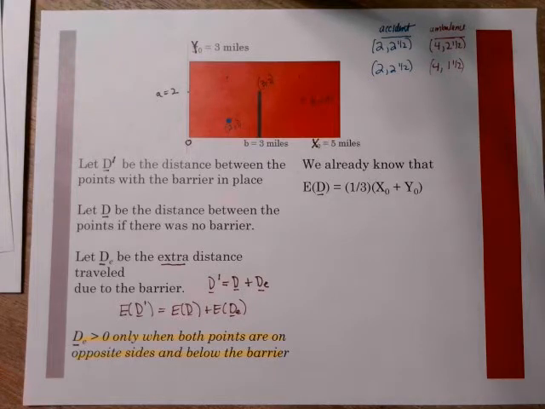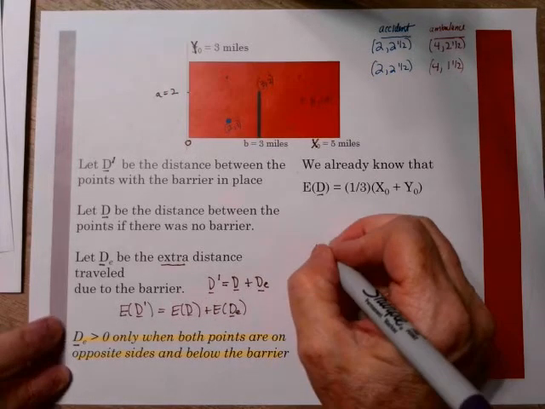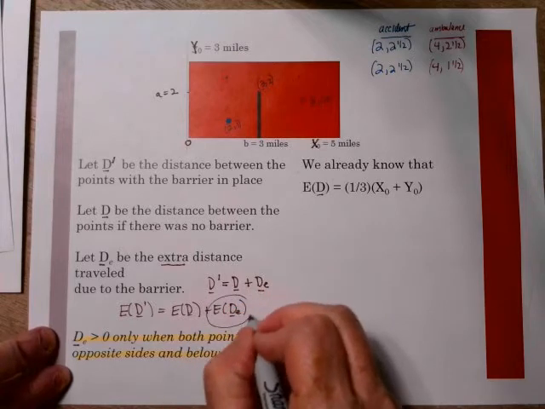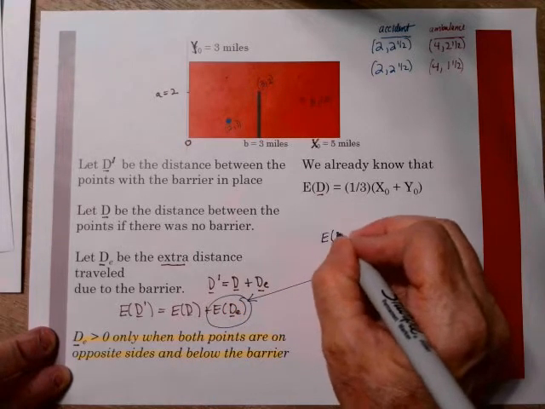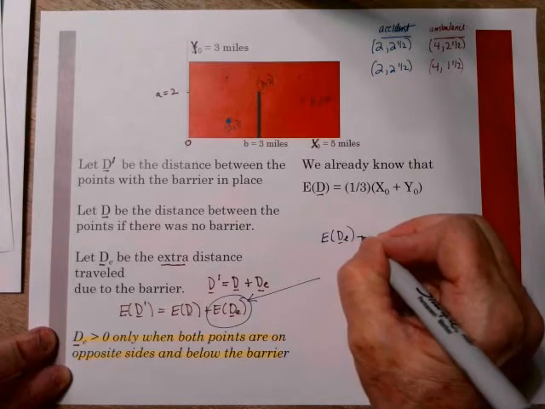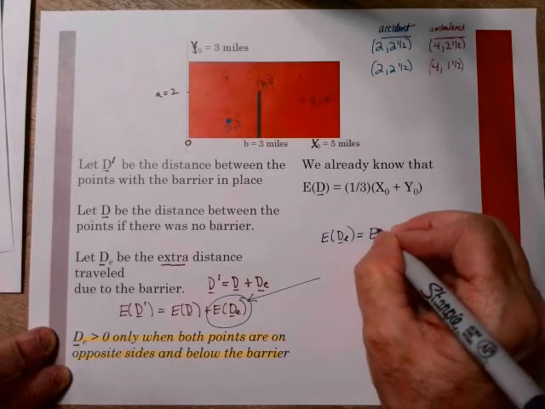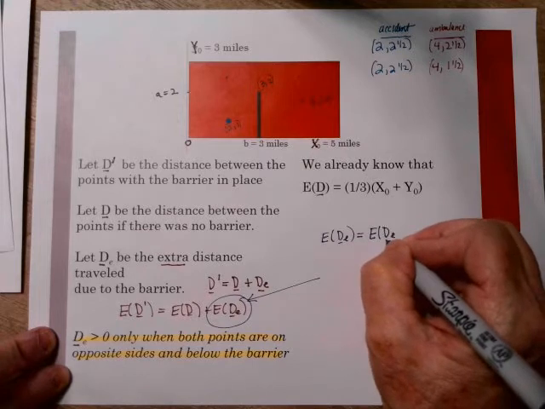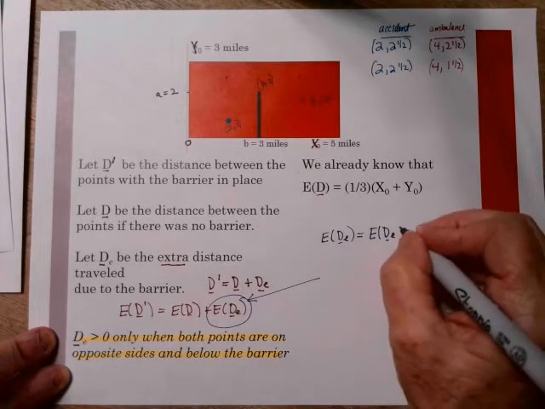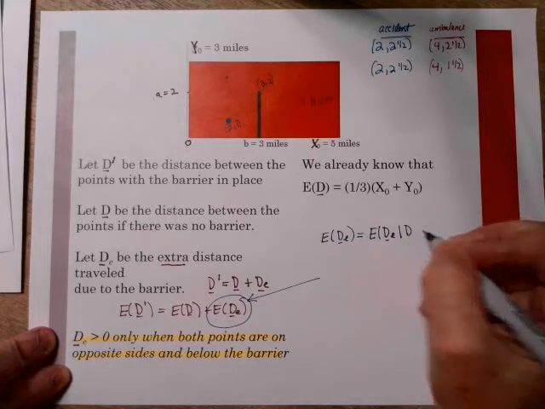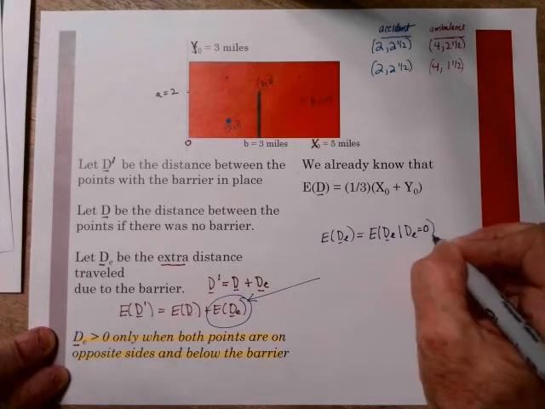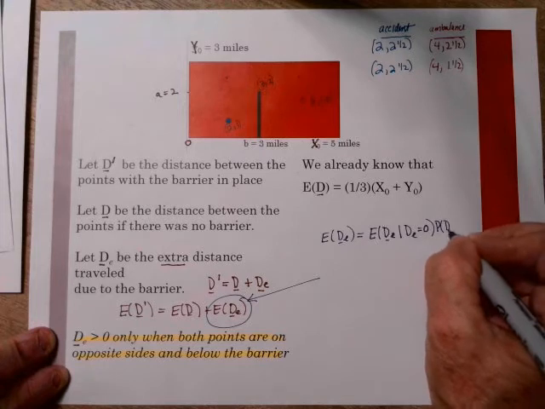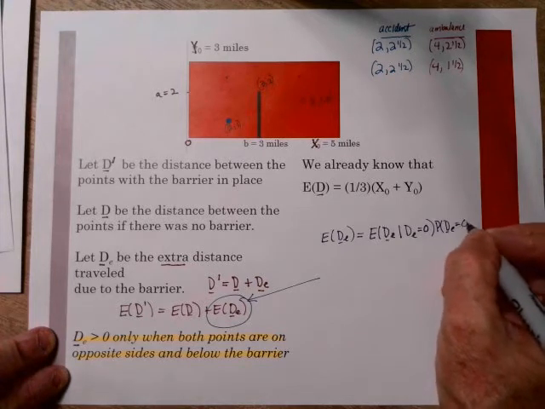If I take a look at this expected extra distance, I'm going to break it up into the expected extra distance given that the extra distance is equal to 0, times the probability that the extra distance is equal to 0.